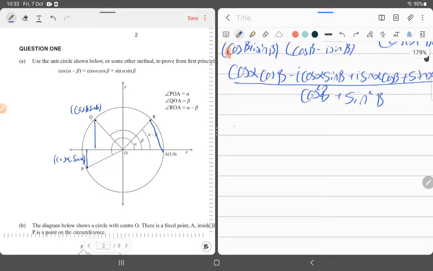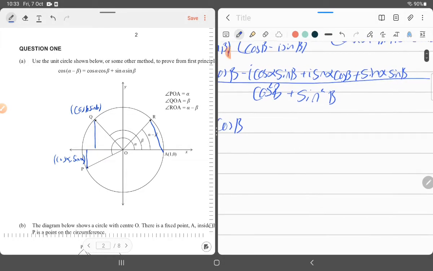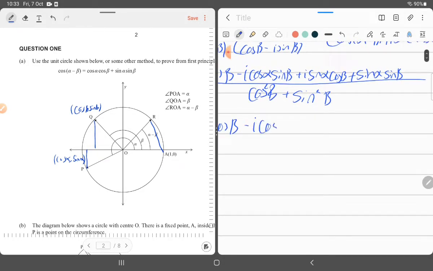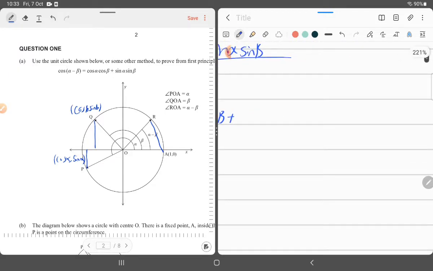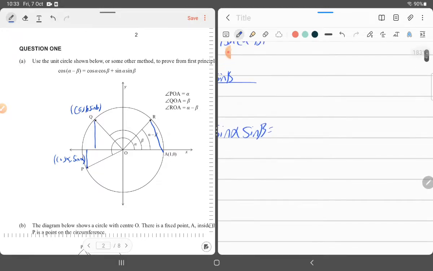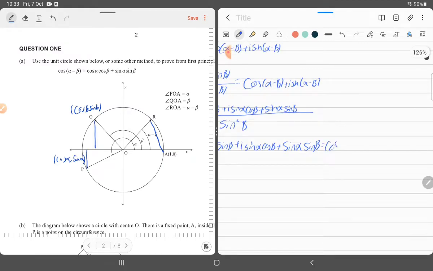So cosine alpha cosine beta, take away i cosine alpha sine beta, plus i sine alpha cosine beta, plus sine alpha sine beta is equal to cosine alpha minus beta plus i sine alpha minus beta.